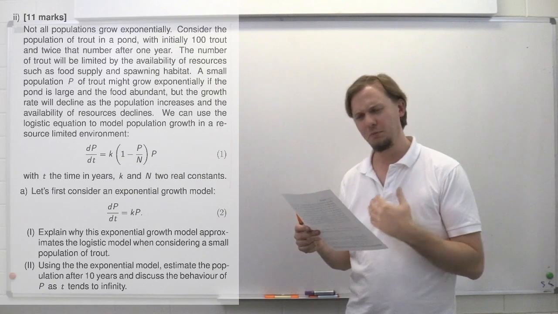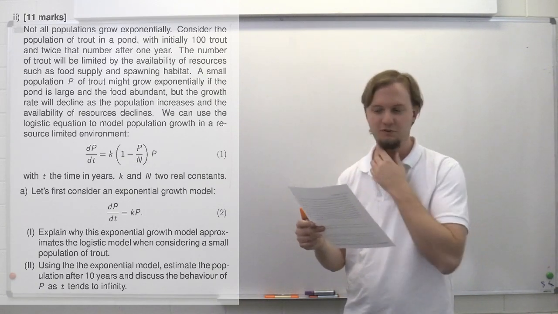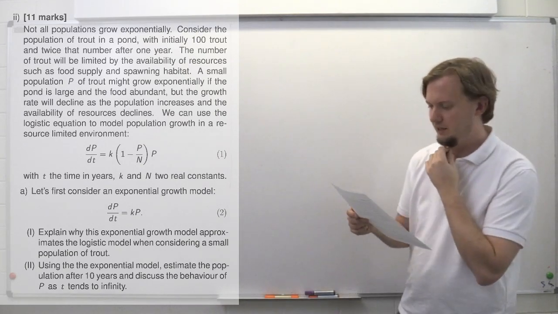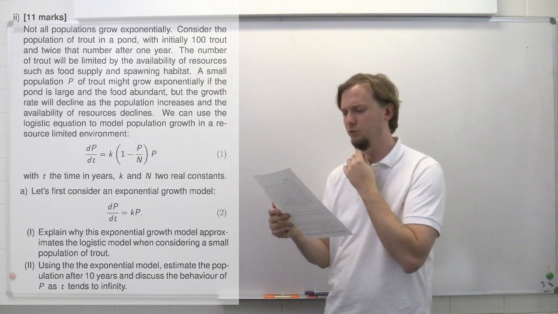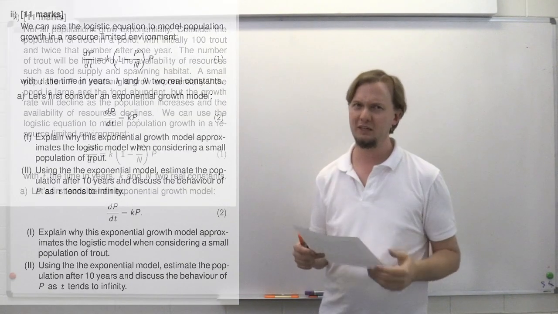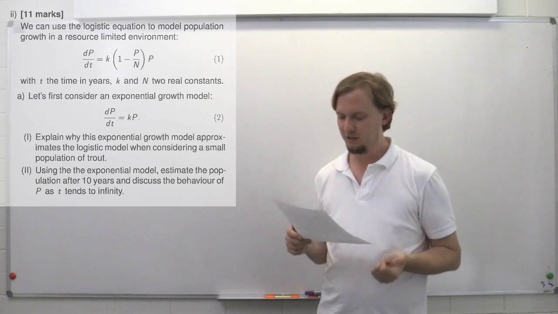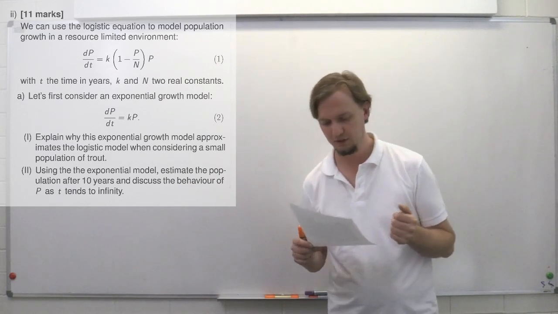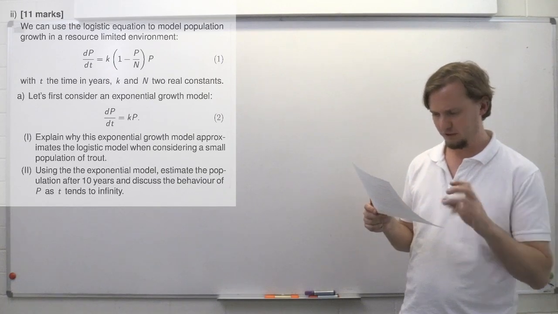A small population might start exploding exponentially if the pond is very large and food is abundant, but eventually the growth rate should decline. And a nice model for this is the so-called Logistic Model. You may have seen this when reading about populations, maybe you haven't, but these questions are self-contained. All the information you need to do them is in the question. So we're not really going to look at the information at the top now.